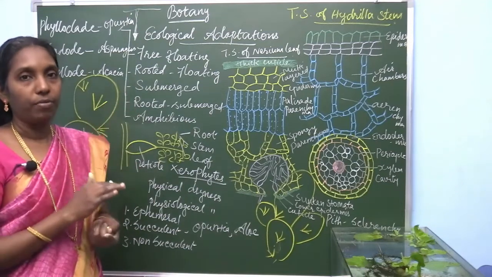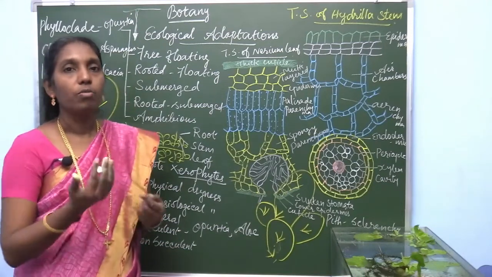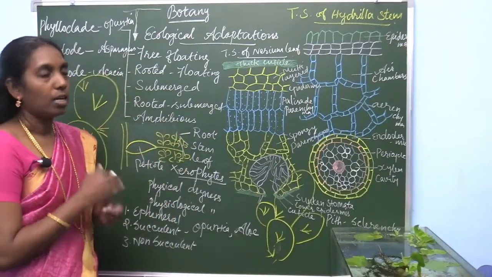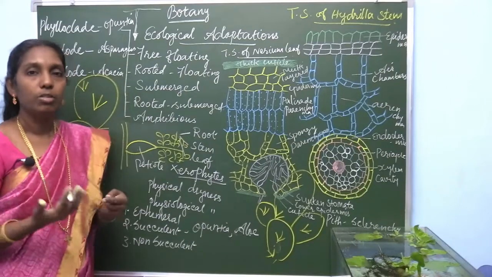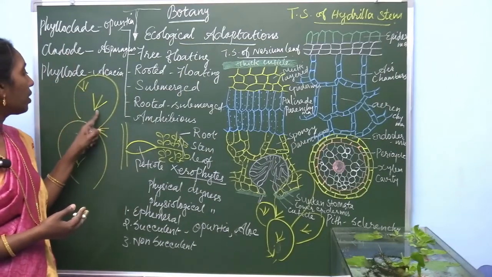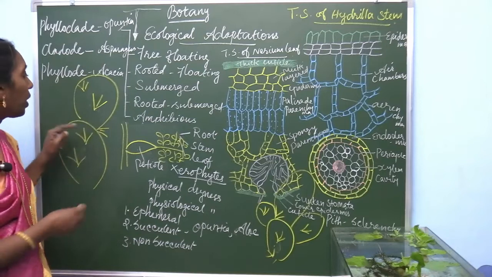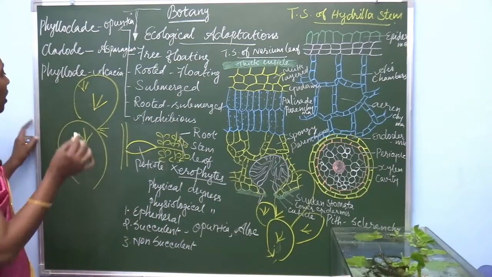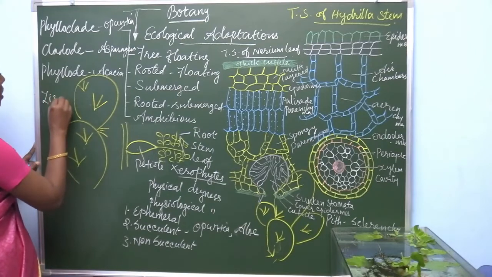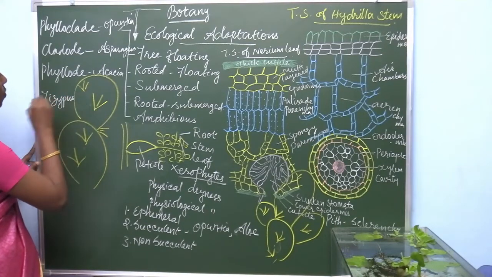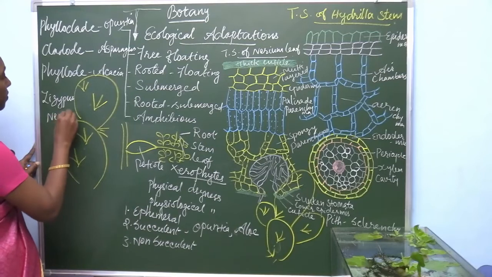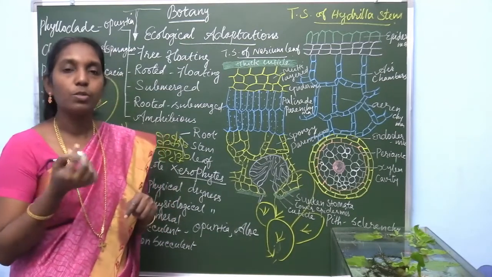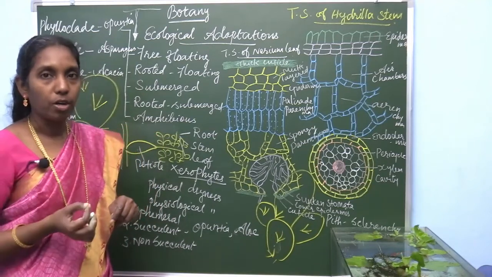This is stem modification. Succulent plants store water in their aerial parts, either stem or leaves. What about the leaves? In most cases, the leaves are reduced into spines. And in Zizyphus jujuba, the stipules are modified into spines.